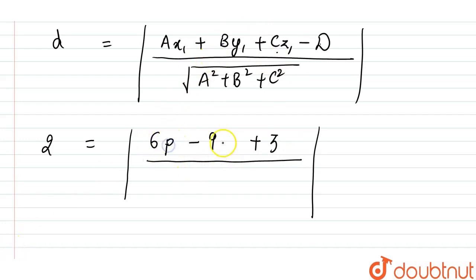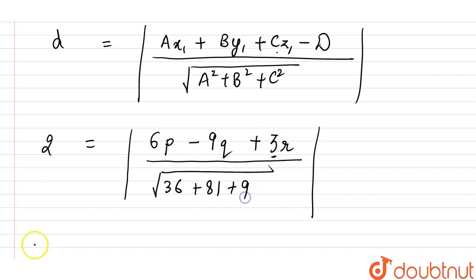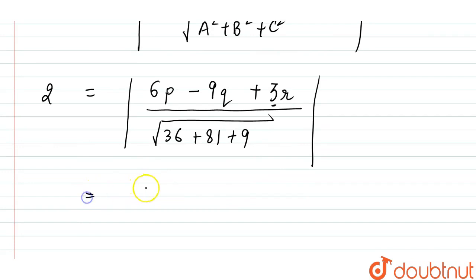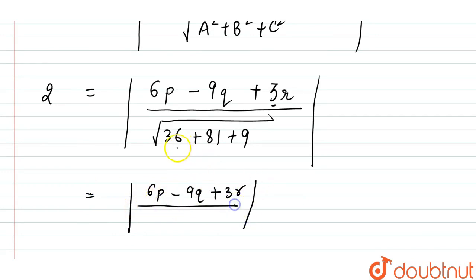This is the point PQR that we have taken on the plane pi. Now under root of 6 square, that is 36, minus 9 square, that is 81, and 3 square, that is 9. So this will give 6p minus 9q plus 3r, and this addition will be under root 126, which is equal to 2.